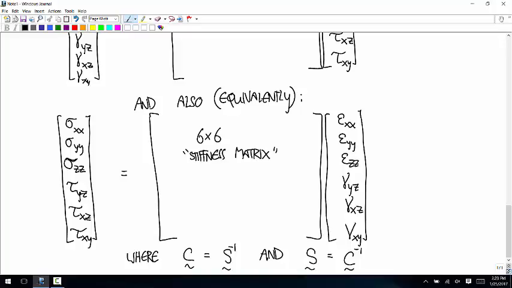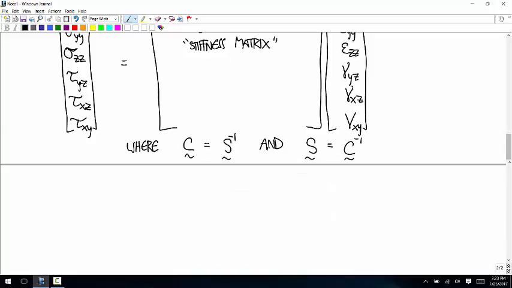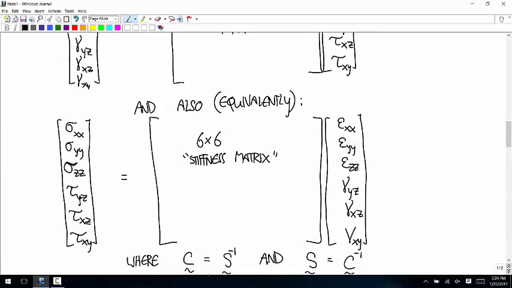Now, the next question is, this is the first glimpse we've seen suggesting that if we know how to characterize a material with this stiffness matrix or this compliance matrix, then if we measure the strain, we can calculate the stress.